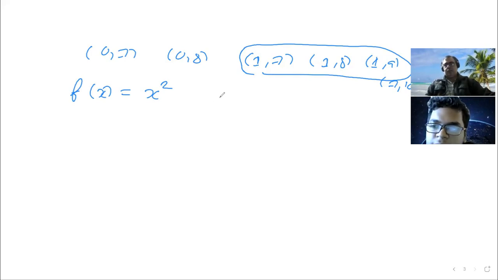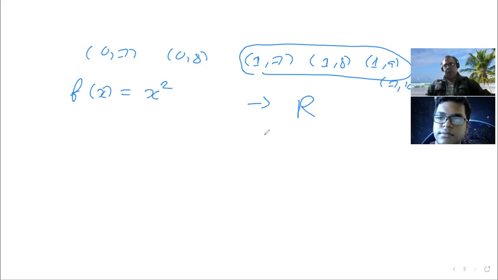Domain is the input. So x square is the output, and x is the input. Can we say that this output is defined for all values of x, that is, all real numbers? Yes, we can. So we can say that the domain is R, all real numbers.